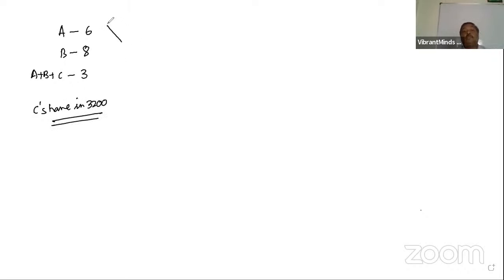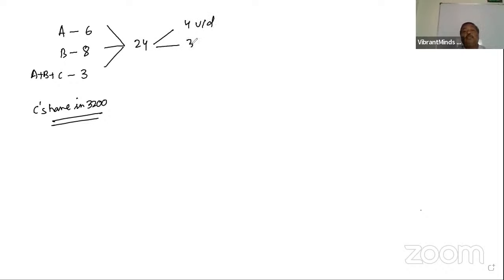The question said, A can complete it in 6 days, B can complete it in 8 days, and with the help of C, A, B, and C, they can do it in 3 days. So what is C's share in 3200? Now see, 6, 8, and 3. LCM is 24. A does 4 units per day.